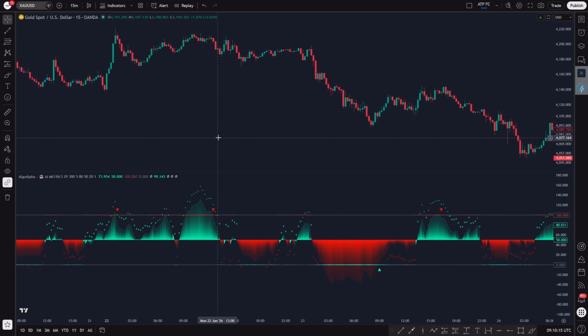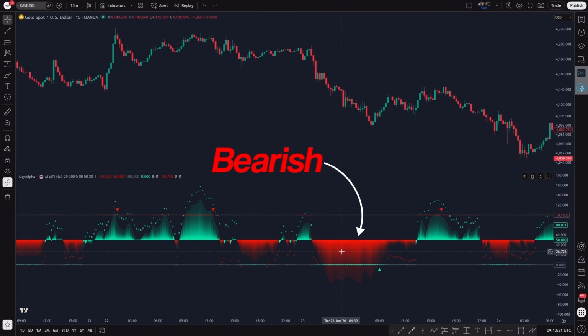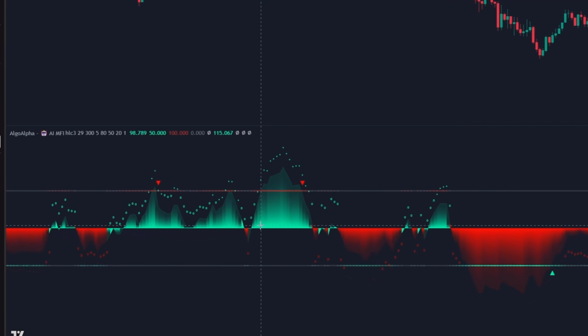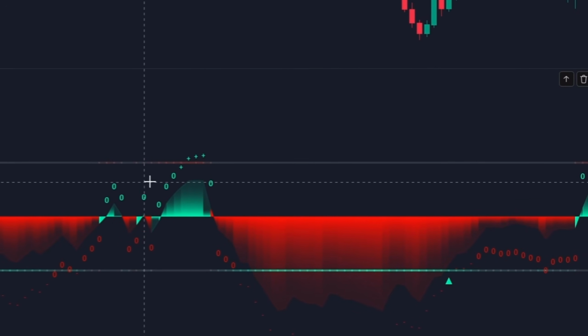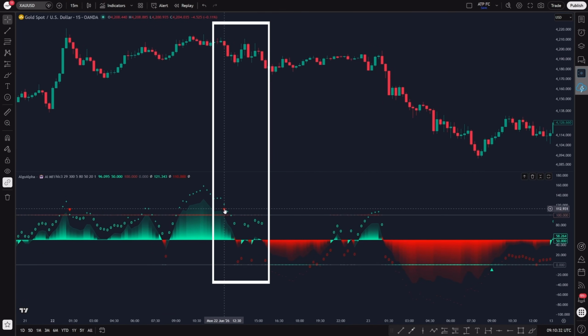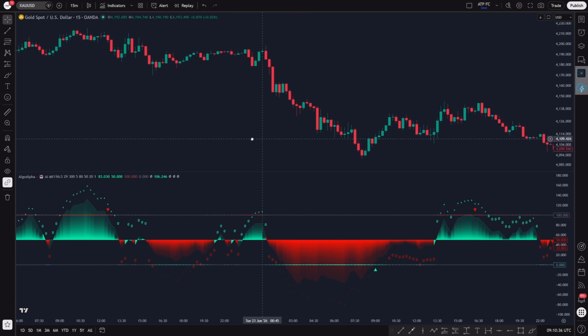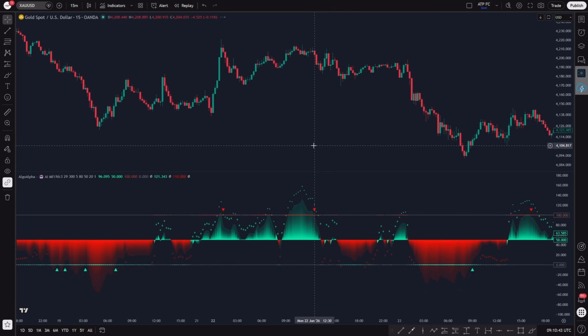On the chart, it is plotted below price as a filled area, green when the reading is bullish and red when it's bearish, moving around a dynamic band instead of a fixed 50 line. Small tags sit along that area, marking the current cluster state, and when the market shifts, a red triangle appears at the top for a bearish reversal or a green triangle at the bottom for a bullish one, and those are the actual signals to act on.